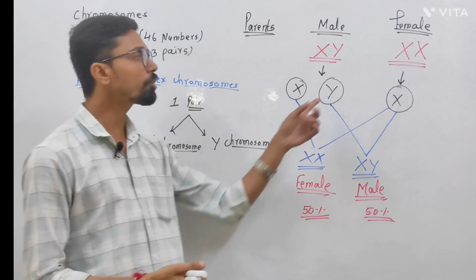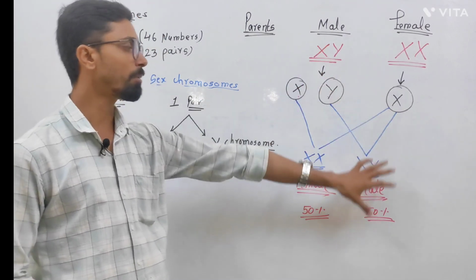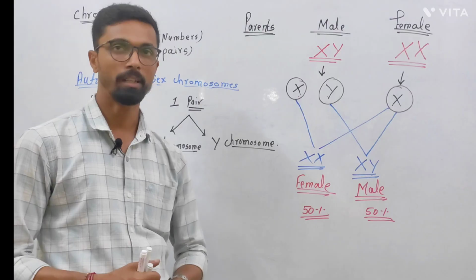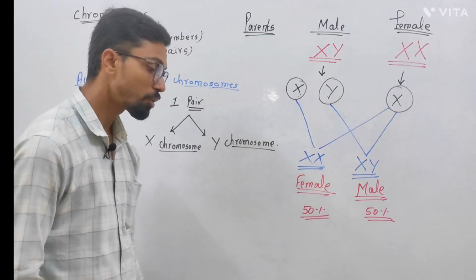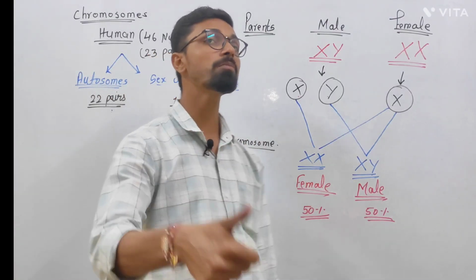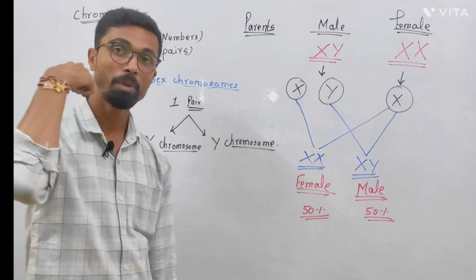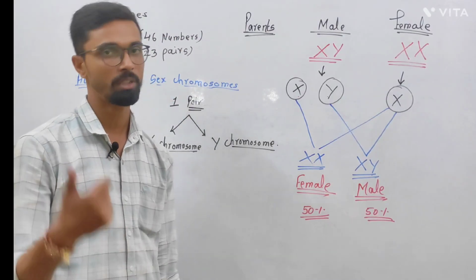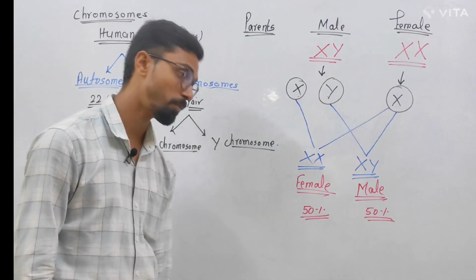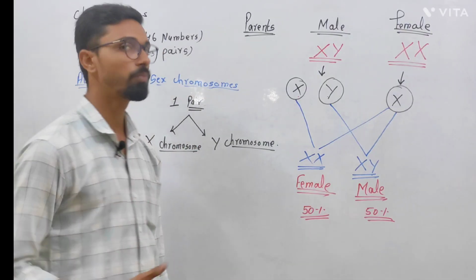If the Y chromosome comes from the male, the child becomes a male. So the question is, which parent's chromosome decides whether it's a male child or a female child? The male parent decides whether the child's gender is male or female.